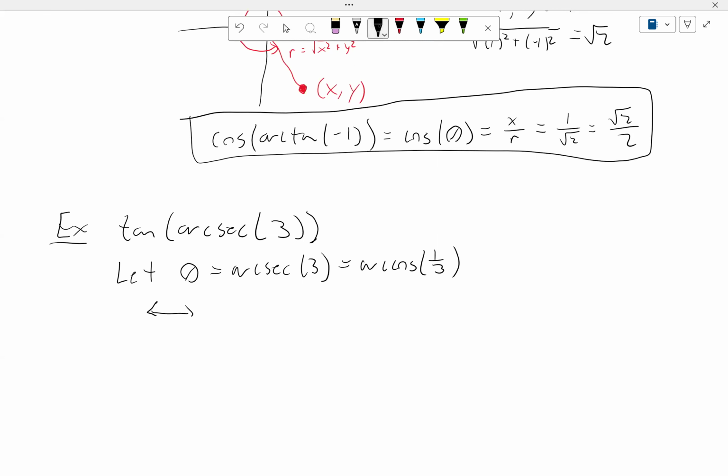Now, this is the same thing using my inverse property as saying that cosine of theta is equal to 1/3. And let's recall that the range of arc cosine is 0 to pi. So my theta here has to be between 0 and pi. Okay, no problem.